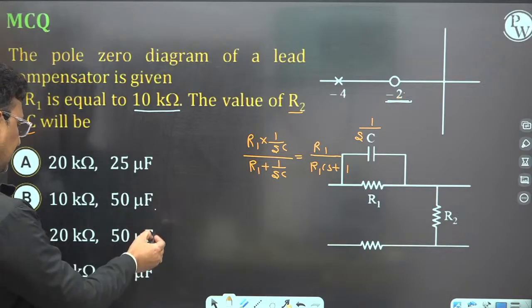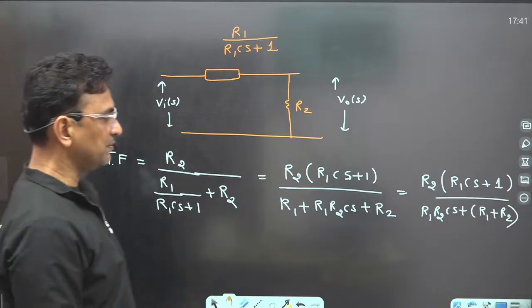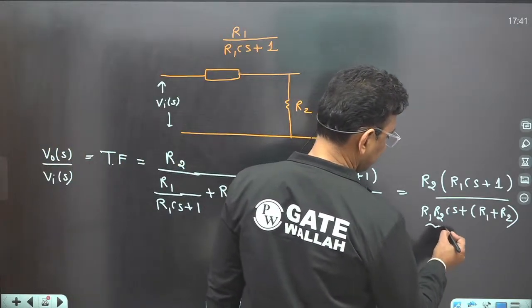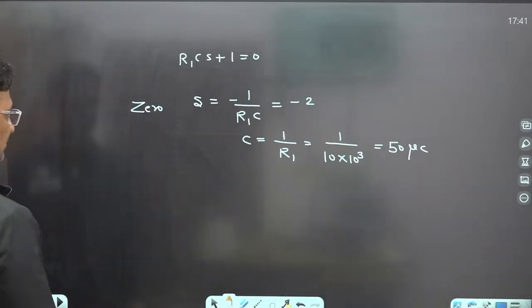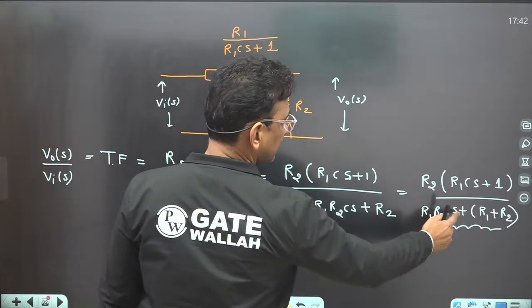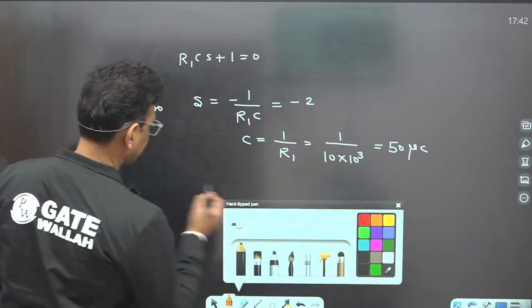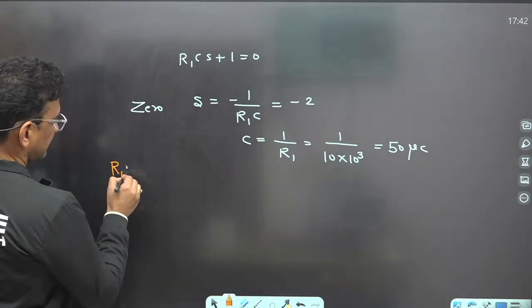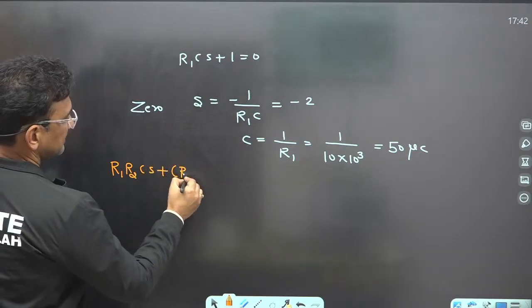So either B or C will be the right answer. Now the location of the pole will be given by the roots of the denominator. So find out the location of the pole. It is R1 R2 CS plus R1 plus R2.